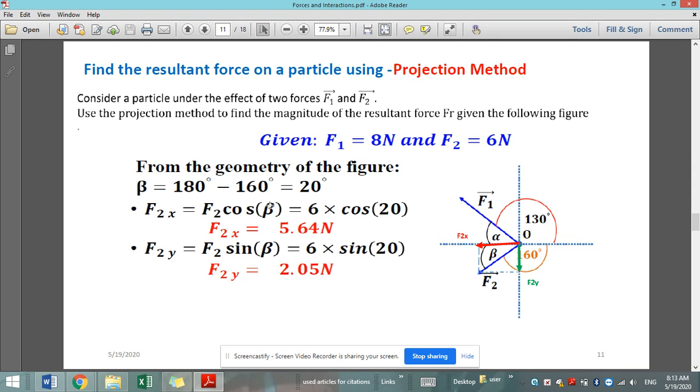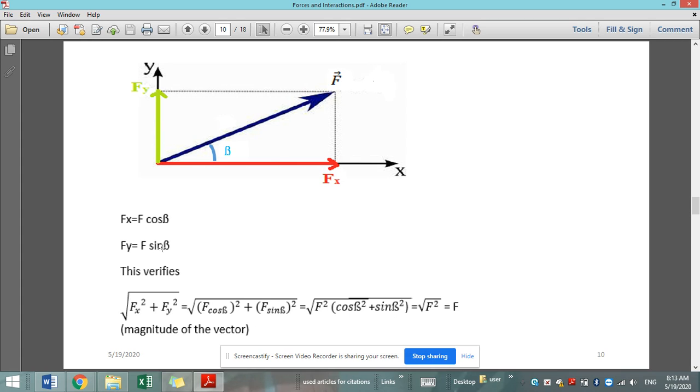And beta is 20 degrees, and we can do the calculations on the calculator, but please make sure when using cosine and sine, you have your calculator set on degrees, not radians, because here we are using the angle in 20 degrees, otherwise you're going to get wrong results. So F2x is equal to 5.64 Newton, and F2y is F2 sine beta. We are just applying the formula proven here.